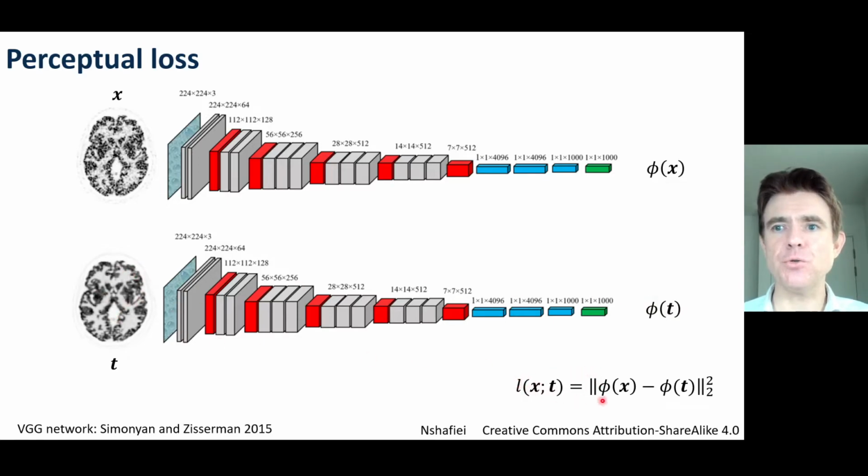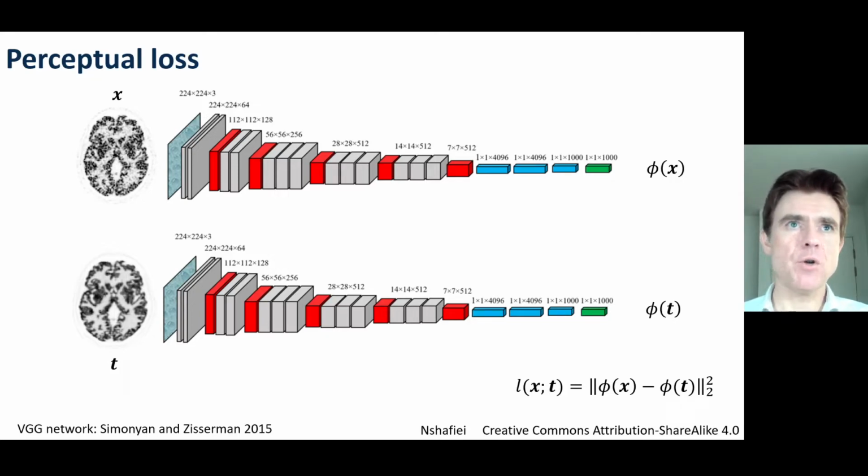And then what you can do is come up with this idea of perceptual loss, where you look at the feature map, the latent space representation of our reconstruction, and the latent space representation of our target, and you just compare those two. We want the feature representation of our reconstruction to match the feature representation of our desired target.